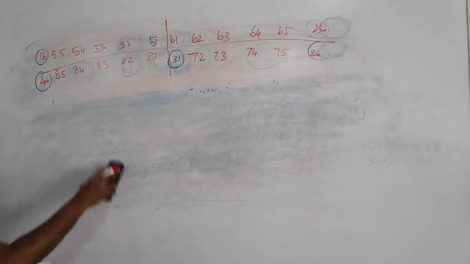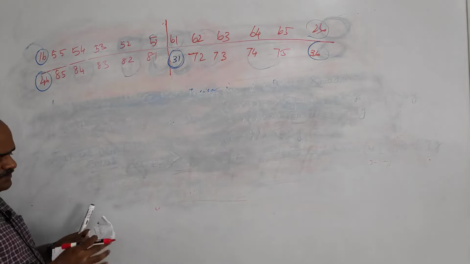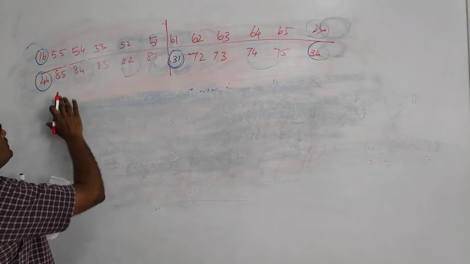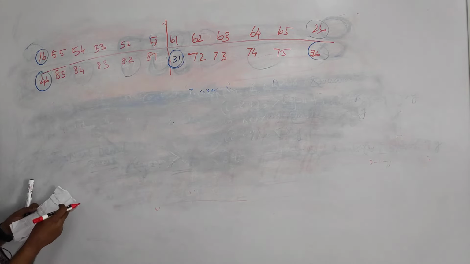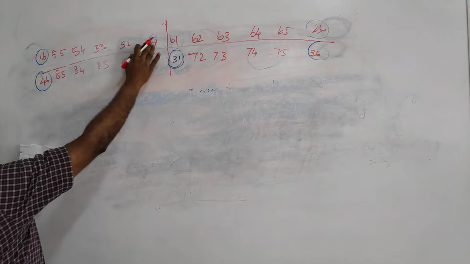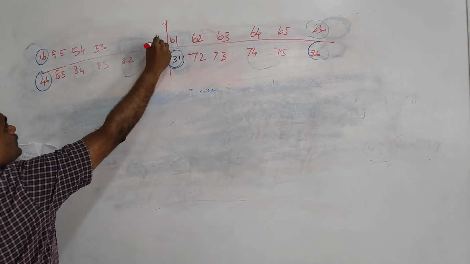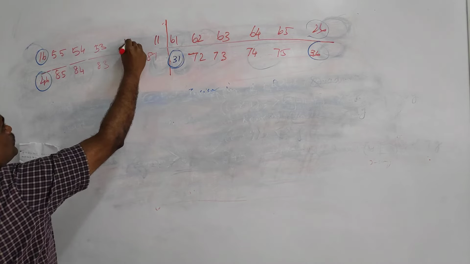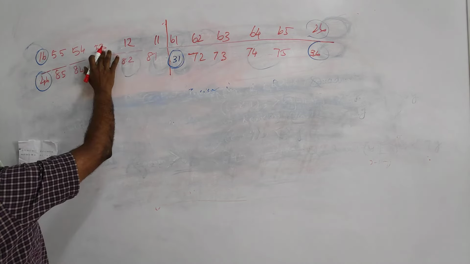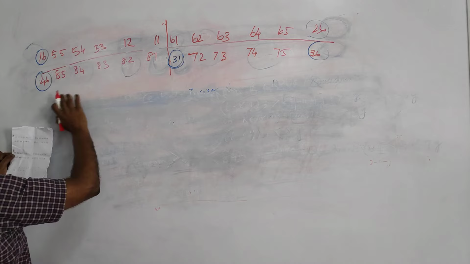You have to start proceeding from the permanent teeth, starting from this first molar. That's all. Here it is 1 1, 1 2, but 5 3, 5 4, 5 5, 1 6, right.